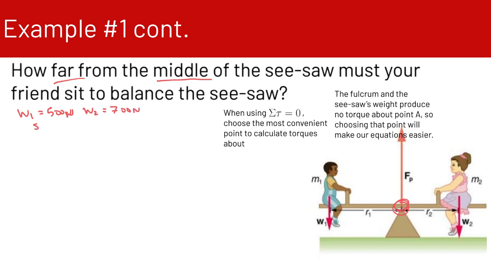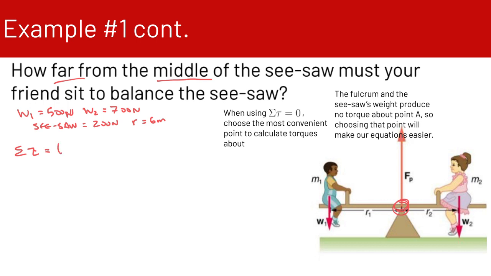And then the seesaw itself is 200 newtons. The total distance R is 6 meters. Okay, so with our sum of torques, the little boy is 3 meters from the pivot point.